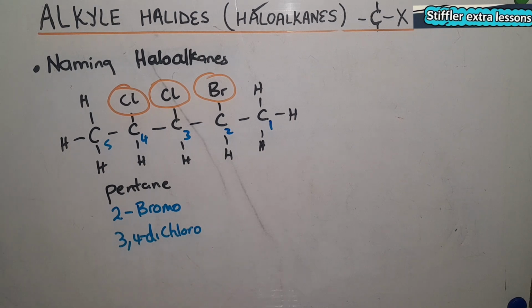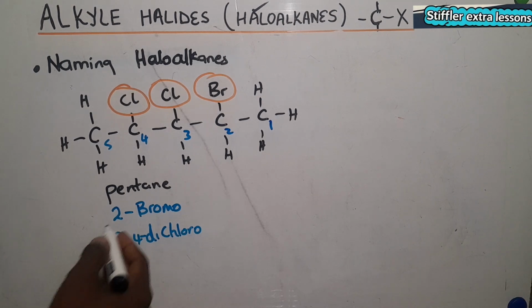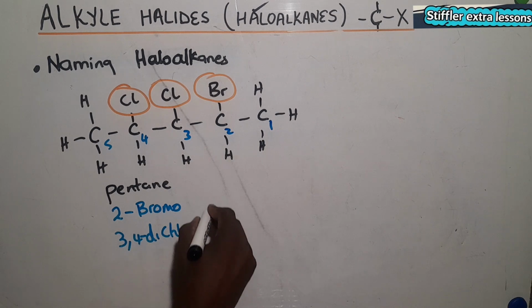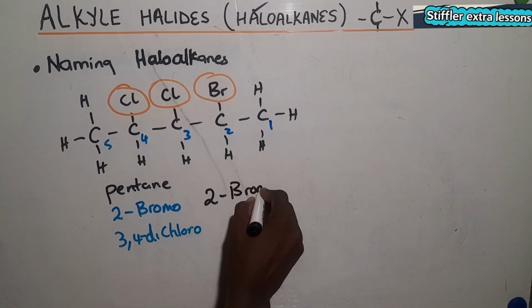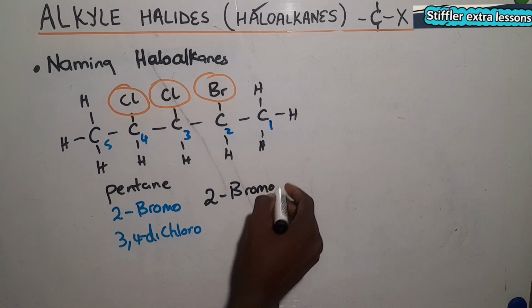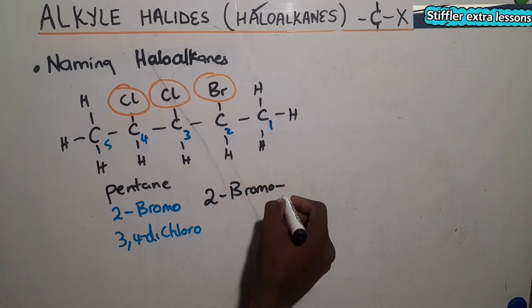That will be dichloro, right? Because there are 2, we use di, right? So now how do we put the whole name together? We start with the alphabet. So this will be 2-bromo, right? And before we can put a number, we put a hyphen.